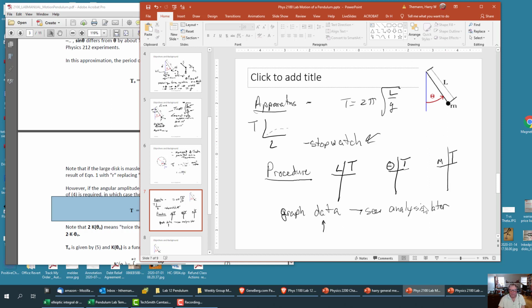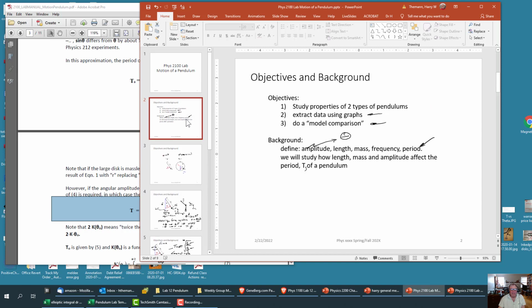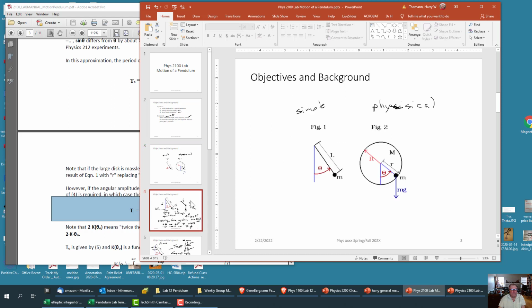Okay, so anyway, your logbooks should have the objectives. You should find out what the definitions are, how they apply to a simple pendulum and a physical pendulum.